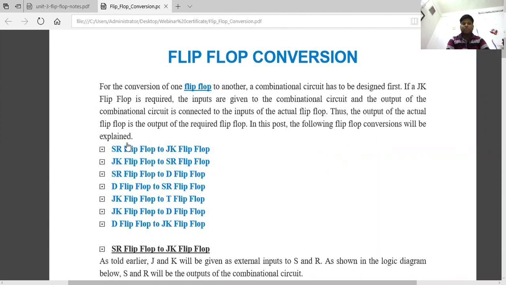In conversion, we have many options on the screen: SR flip-flop to JK flip-flop, JK flip-flop to SR flip-flop, SR flip-flop to D flip-flop, D flip-flop to SR flip-flop, JK flip-flop to T flip-flop, JK flip-flop to D flip-flop, D flip-flop to JK flip-flop. It means the four flip-flops are converted one to each other.